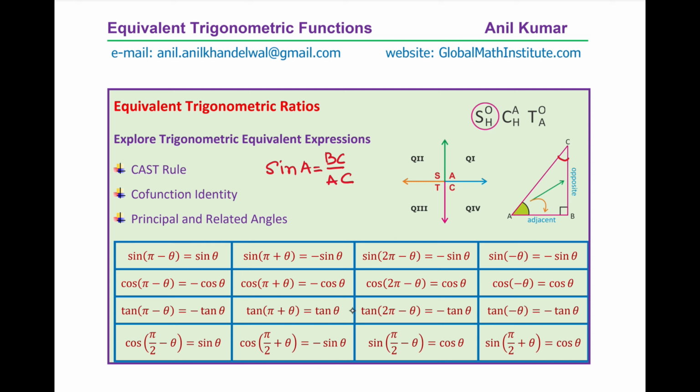Also important is to understand the principal and the related acute angles. When we say related acute angle, we mean the angle made with the horizontal line. Let me say alpha is my related acute angle, so alpha is the angle with the horizontal.